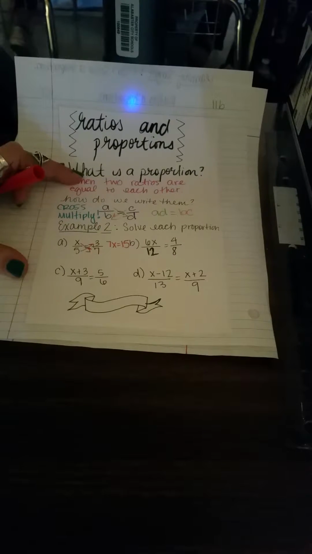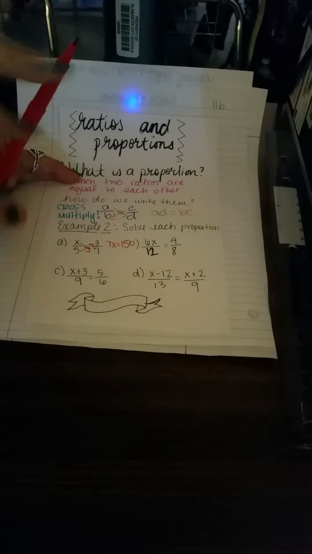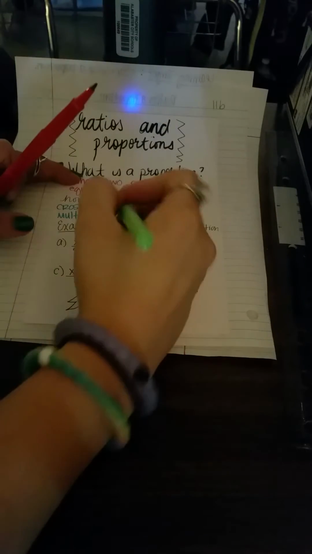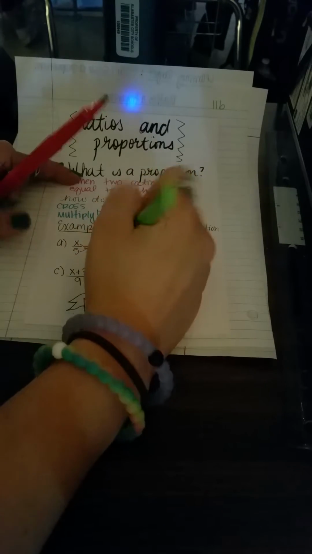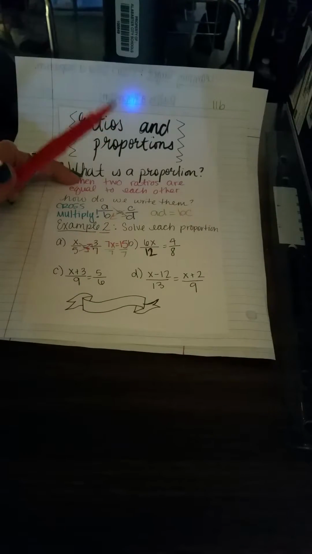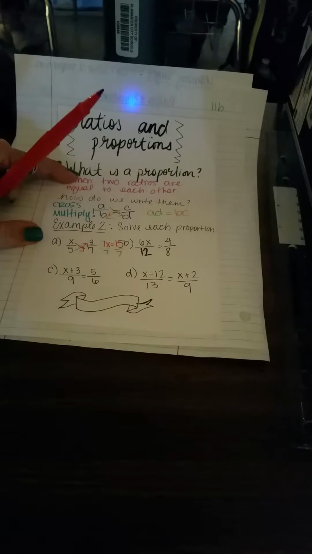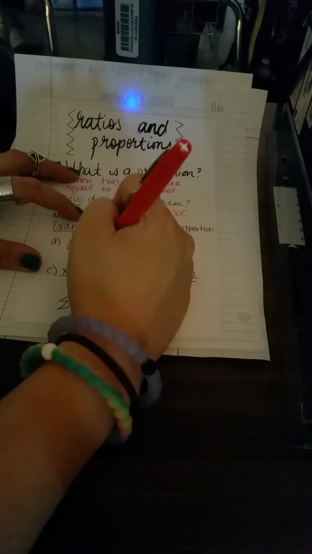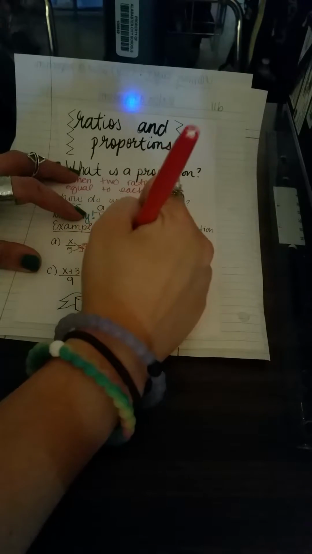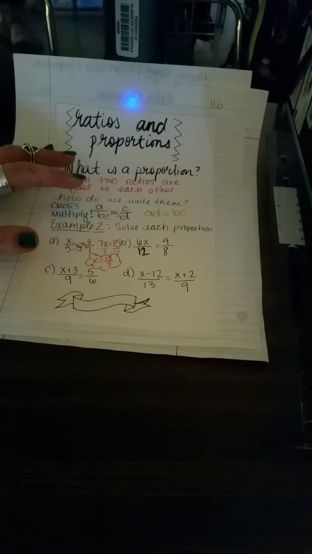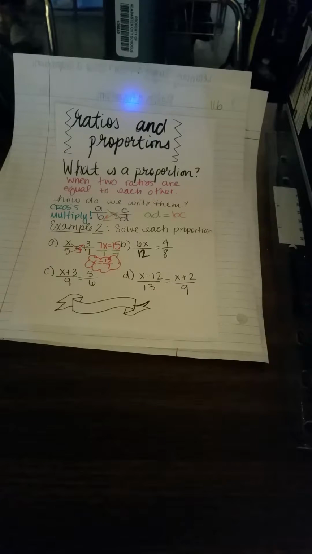Is x by itself? No. So how do we get x by itself? Divide by 7. Does 7 go into 15 evenly? No. So how do we leave our answer? Fraction form, 15 sevenths. That's all you do.